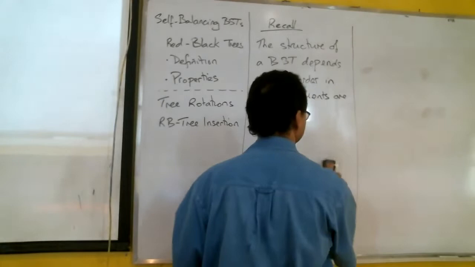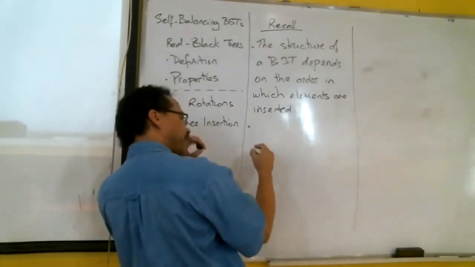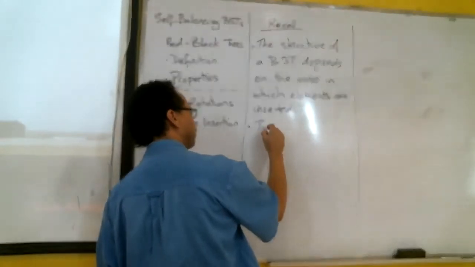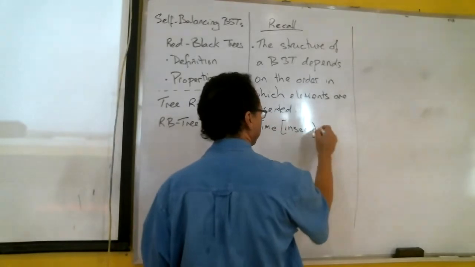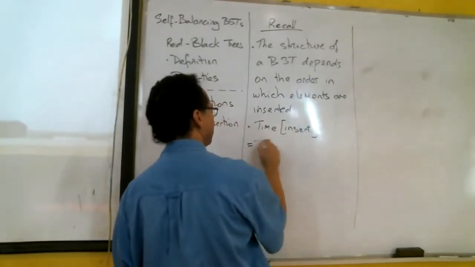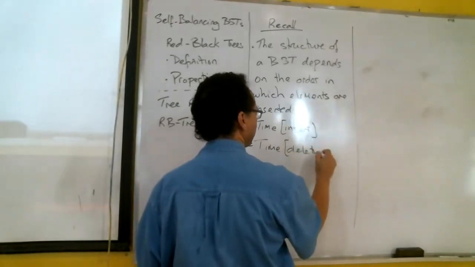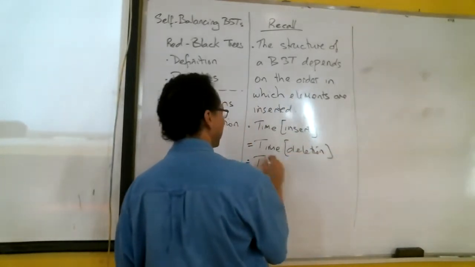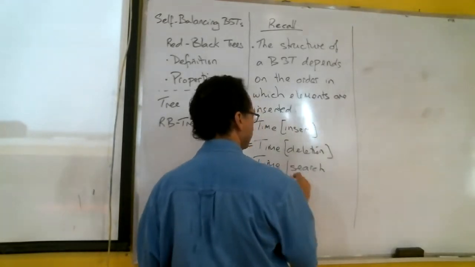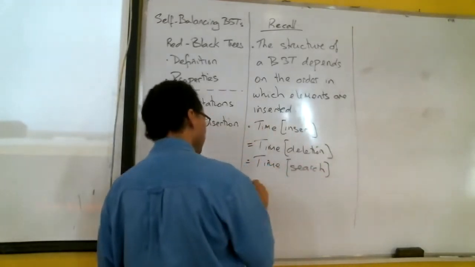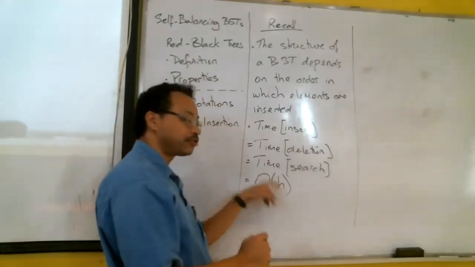Remember that before that, we proved that the time for insertion was equal to the time for deletion, which is basically equal to the time for search or lookup, which was big O of H. In other words, at worst, the height of the tree.